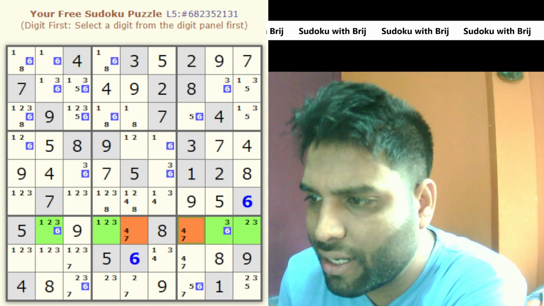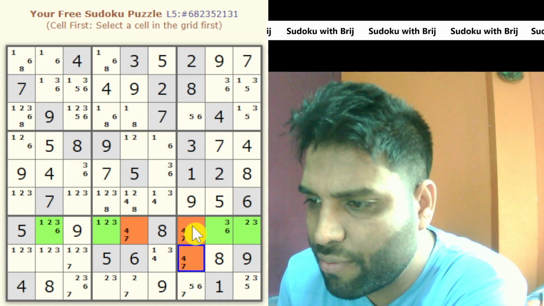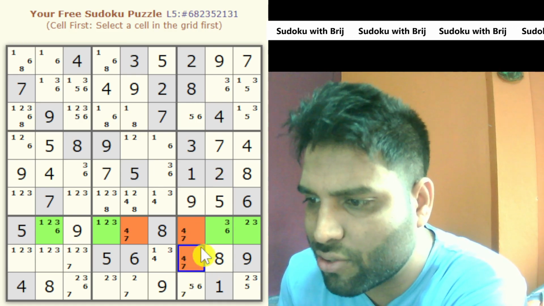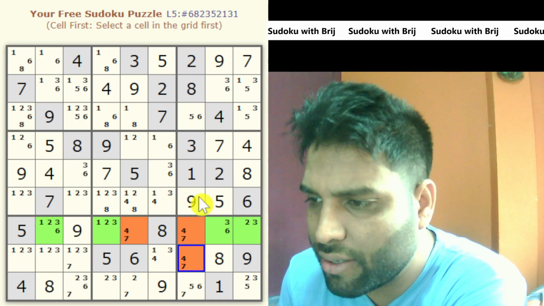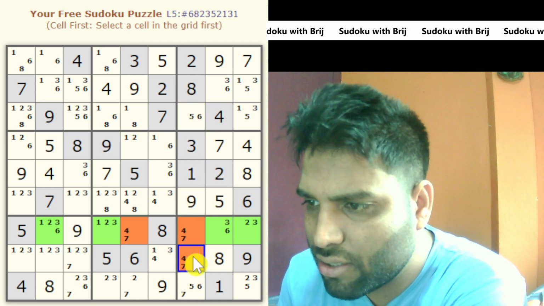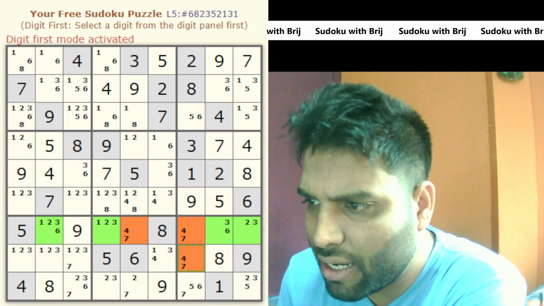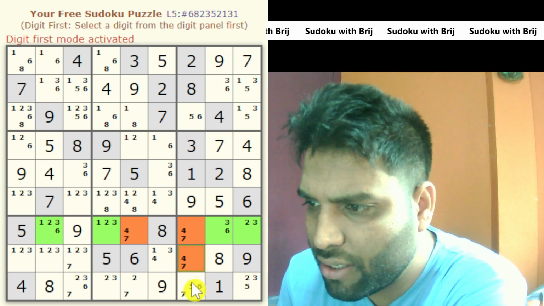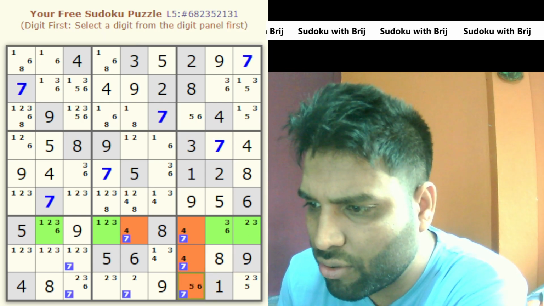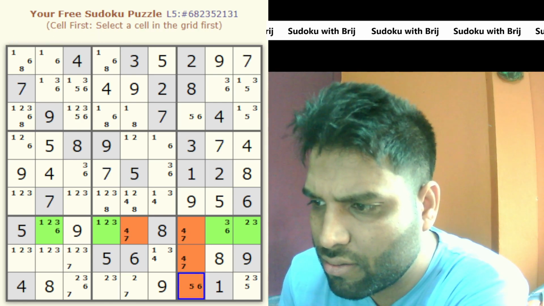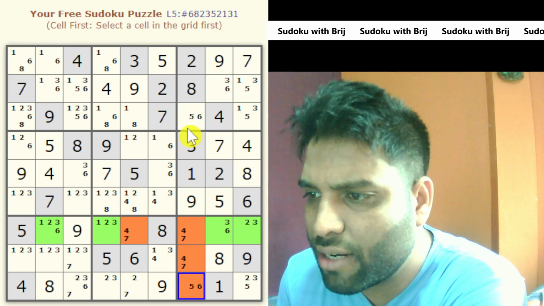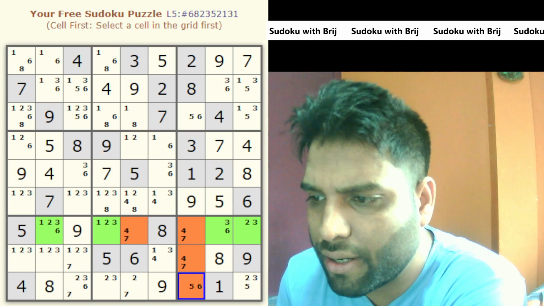Also, we can see that there is a naked pair of 4 and 7 in this column also. So we can eliminate 4 and 7 from other cells in this column. So I think 7 can be eliminated from this cell. So there is a naked pair of 5 and 6. Okay, great.